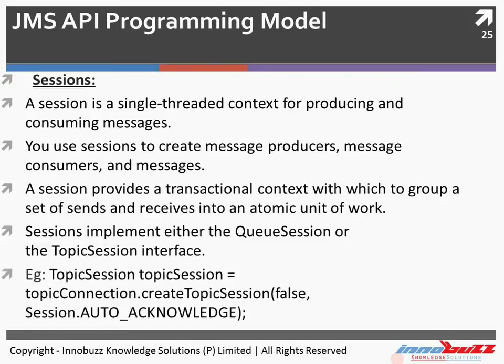For example, if you want a topic session, you invoke create topic session on the topic connection. This is the third step: the first step was the connection factory, the second was creating a connection, and now we get the session from the connection. For a queue, it is the same, create queue session; for a topic, it is create topic session.